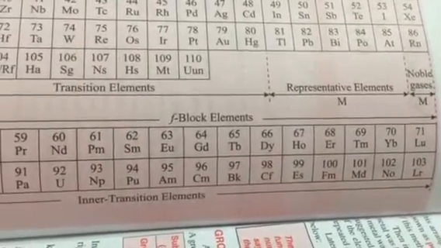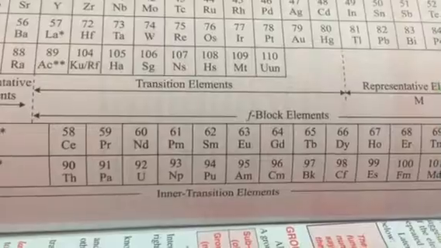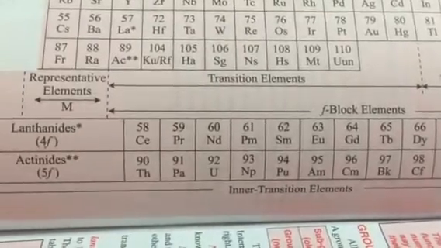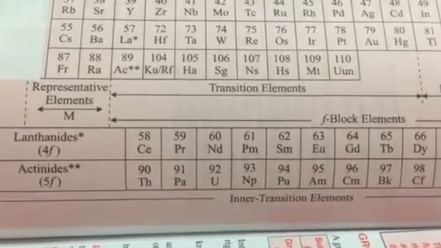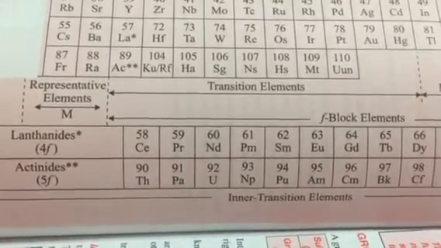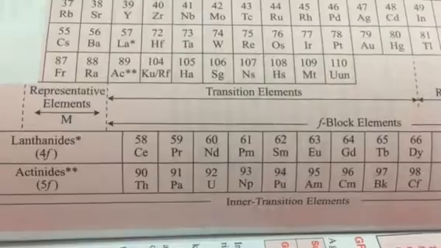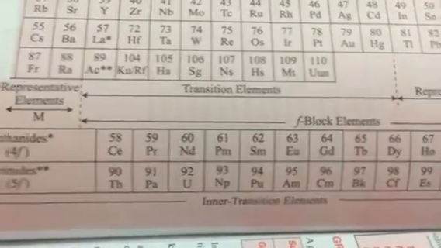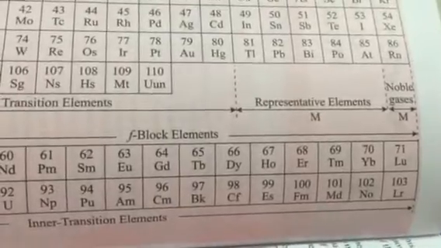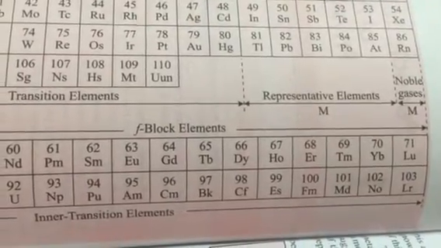Now have a look nicely. These elements are categorized into lanthanoids and actinoids. Lanthanoids start from atomic number 58. Actinides start from atomic number 90. The lanthanoids stretch from cerium to lanthanum, atomic number 71.